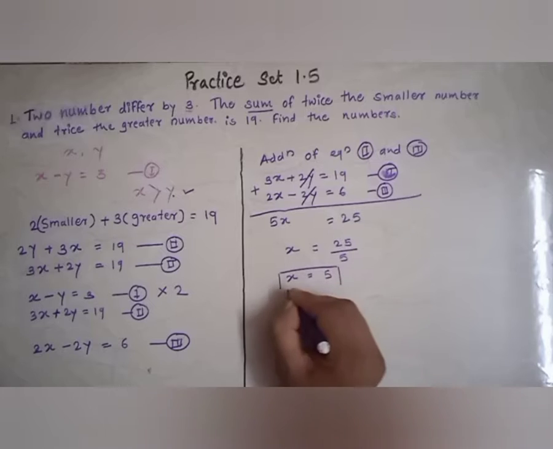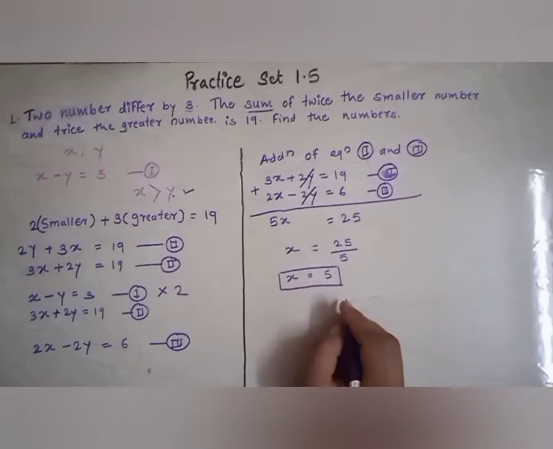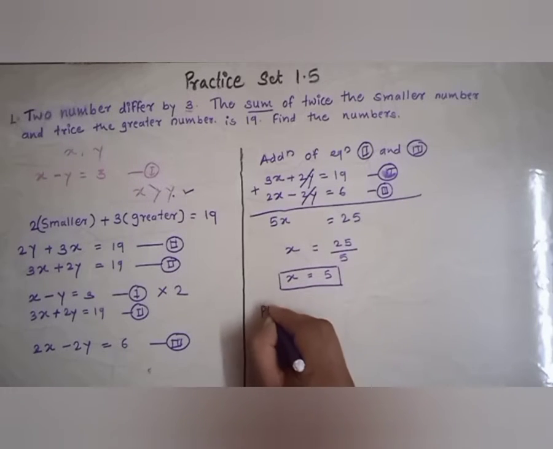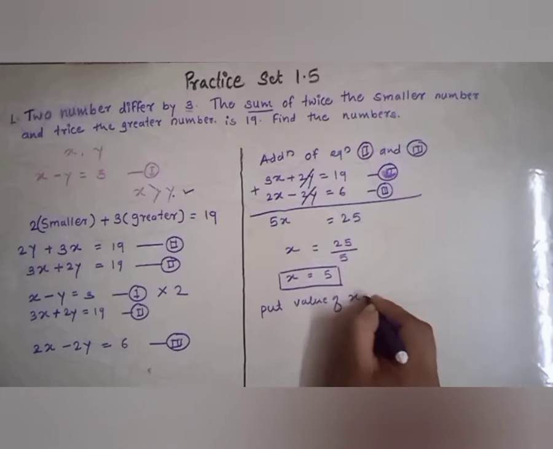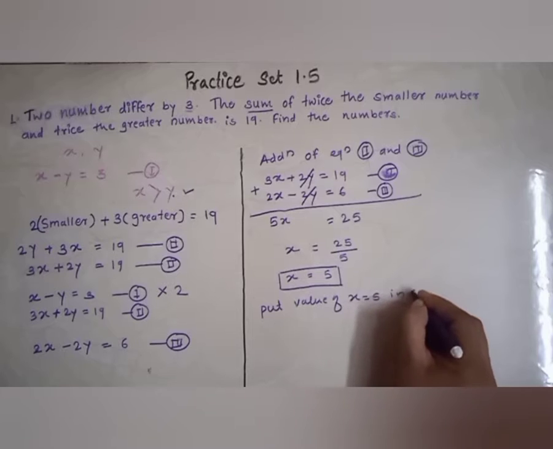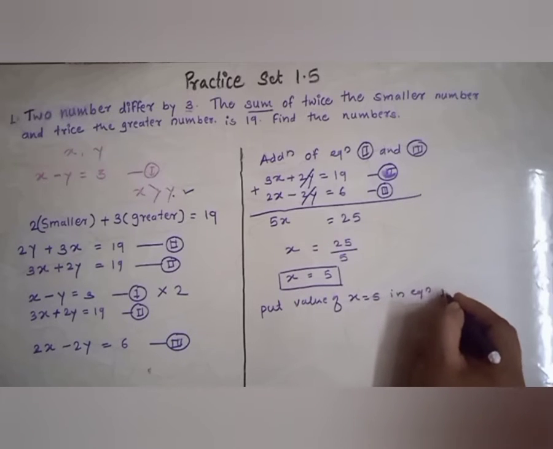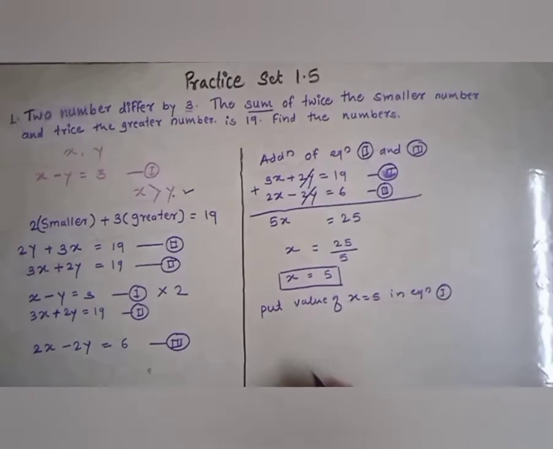Likewise we have to find the value of y. Put the value of x in the first equation. Write down the equation x minus y is equal to 3, so 5 minus y is equal to 3.